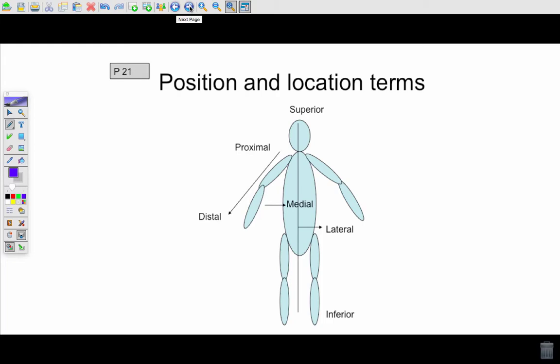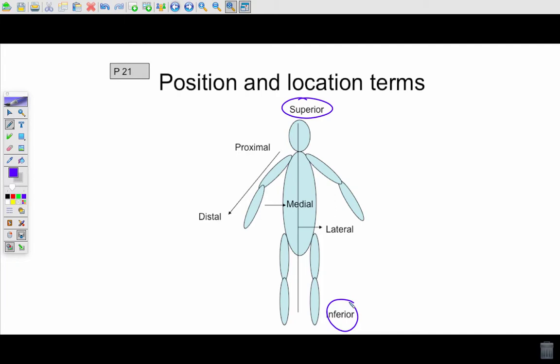Okay, position and location terms. We'll start with superior and inferior. Superior and inferior refer to the whole of the subject.